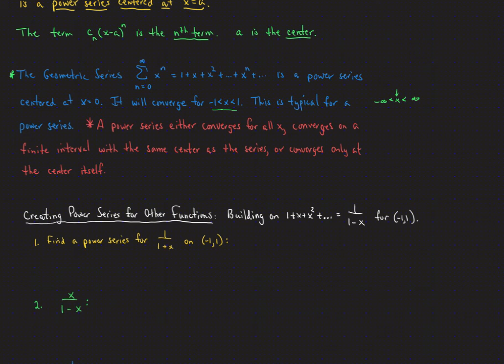So it might be from, say, a minus 5 to a plus 5. Something like that would be an interval of convergence, but it's going to be symmetric around whatever the center is, in this case the a. Or it's going to converge only at the center itself. That is, it will converge for x equals a and diverge everywhere else, which isn't terribly interesting, but can happen.